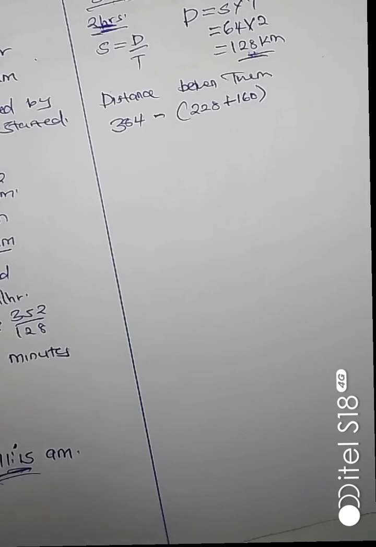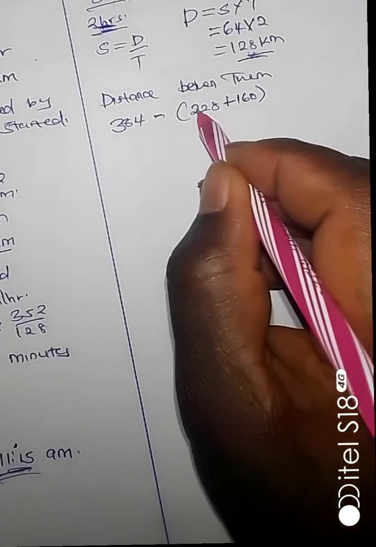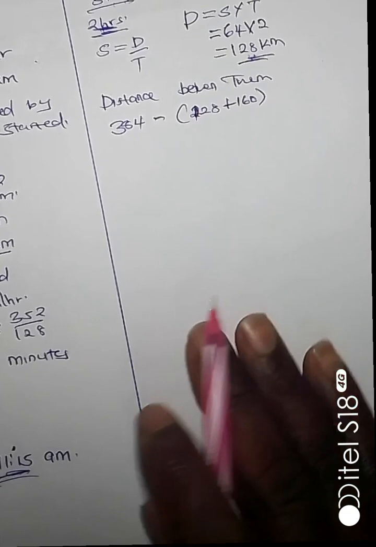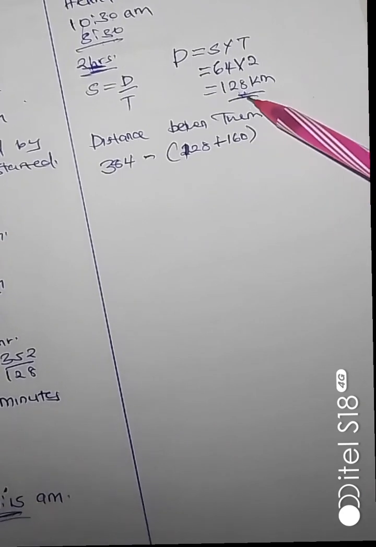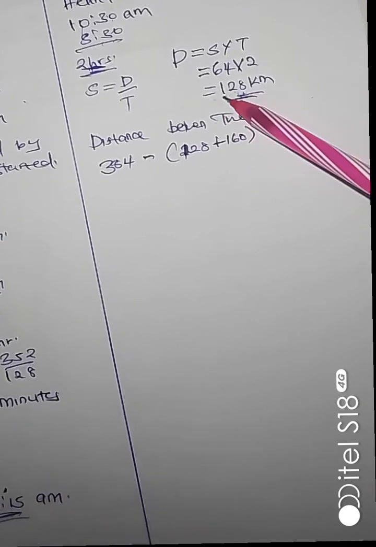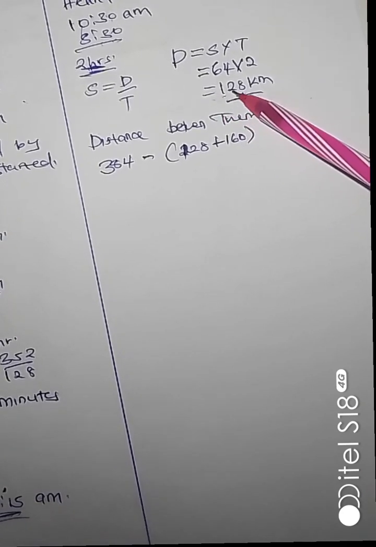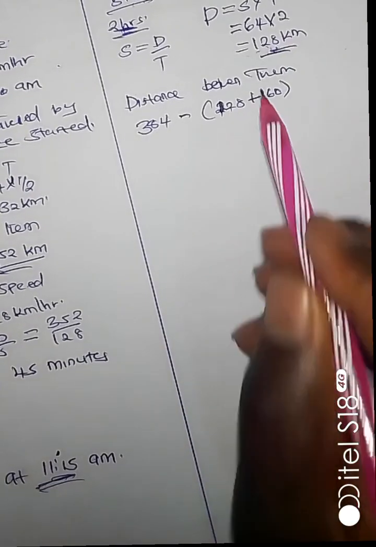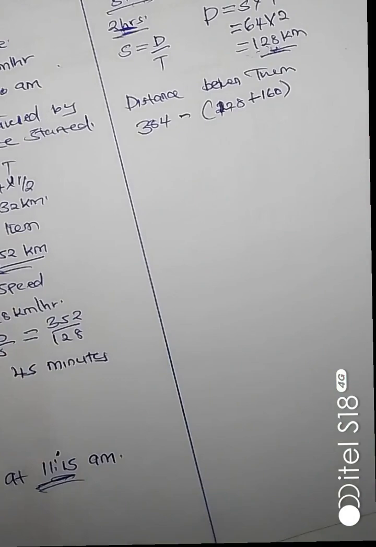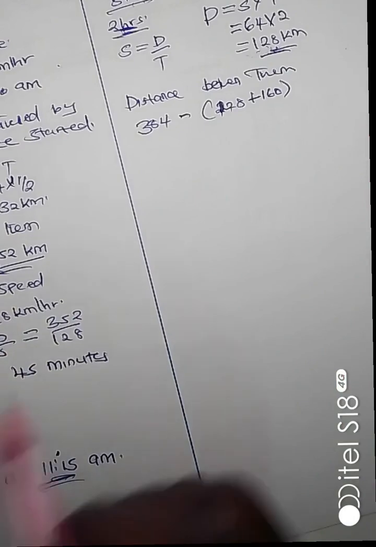Let's see how it's coming. Since here we had found that the distance from B is 160, and here we have also found the distance from A, that is the distance that Joyce traveled, now it is 128 plus 160, which will give us 288.